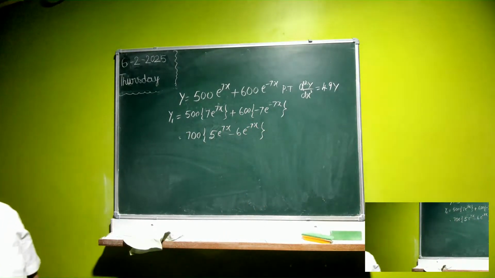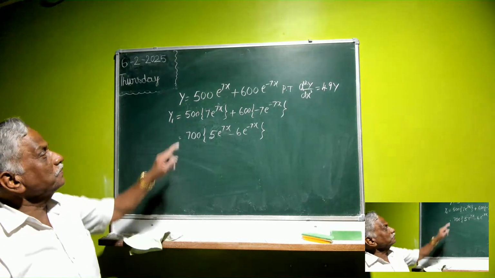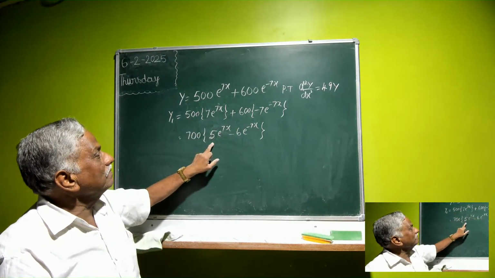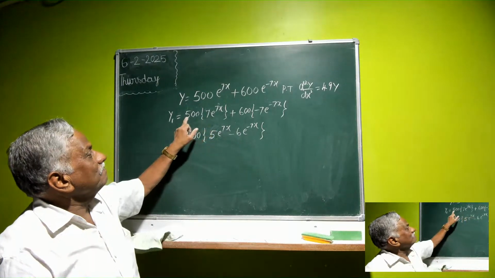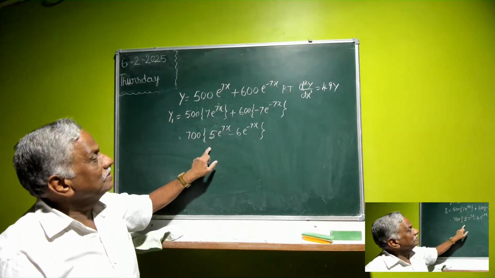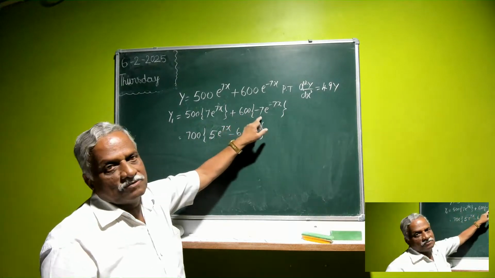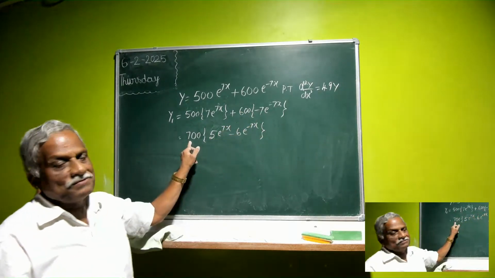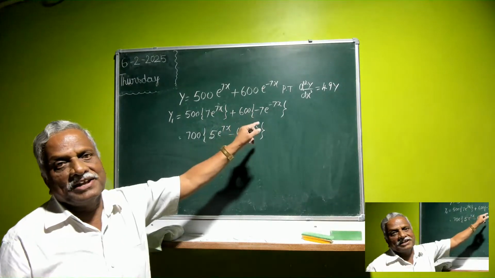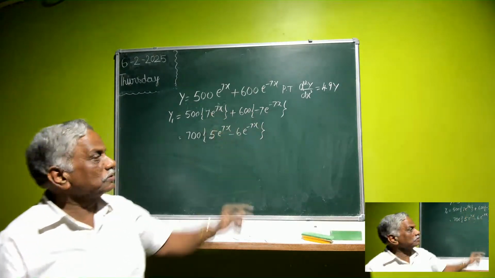I will take 1 minute extra here to explain what I have done. From these two I have taken 100 common, therefore I get 5. In the real thing, 500 into 7 is 3500, same thing you get here. 600 into 7 is 4200. So I have taken 100 common from these two, and 7 is there in both.